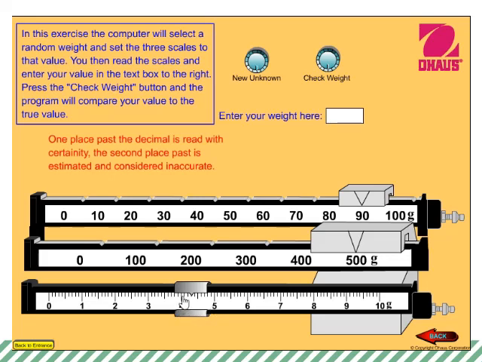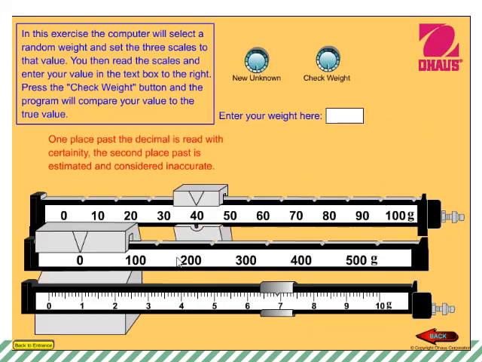So 594.3 should be our correct answer. Let's check the answer. All right, so 594.29 is what they said it is, but they gave us credit because I rounded up. Okay, let's try one more.